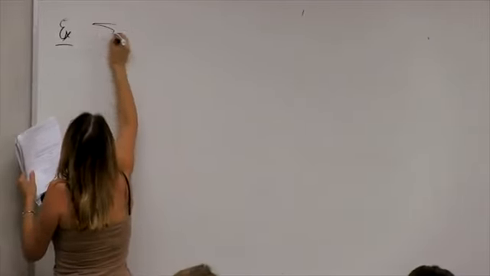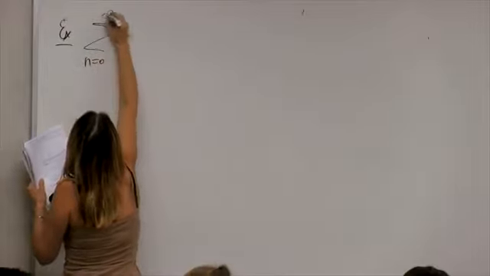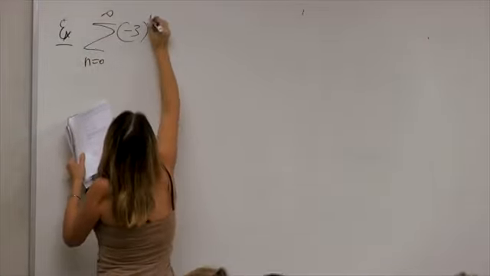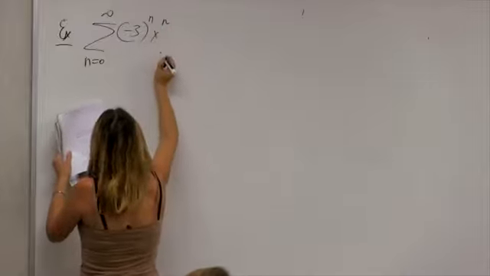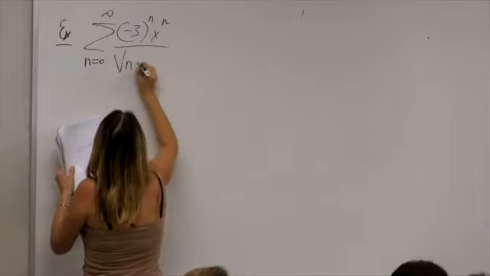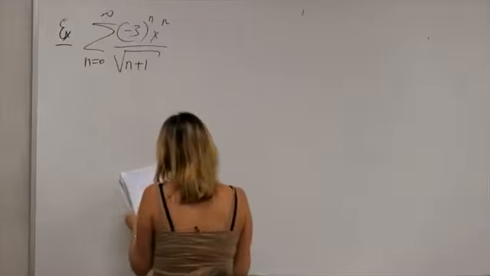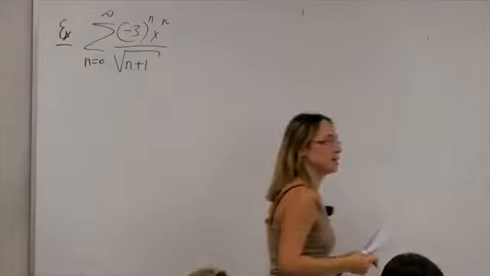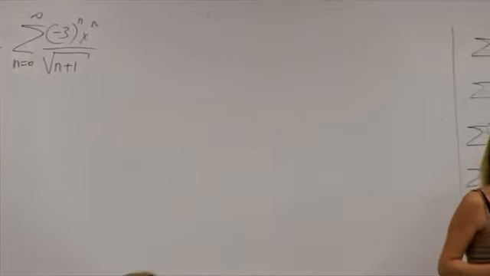We have the sum from n equals 0 to infinity of (minus 3) to the n, x to the n, over the square root of n plus 1. We're going to investigate its convergence.